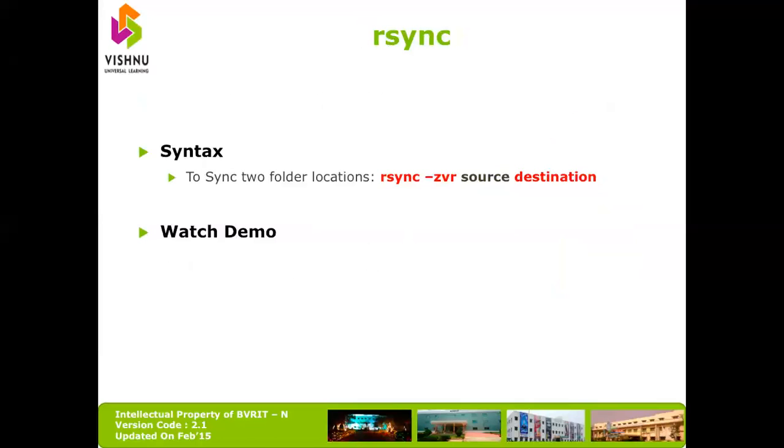Now, if I have two folder locations over here, what I'm going to do is write rsync, which is a regular sync option, and mention -zvr to have a regular location, and then I have to mention the source location and the destination location, so that the backup will keep being taken at a regular interval and will not have any disturbances whenever you have a data loss or data corruption problem. So this is pretty much all about the backup utility.